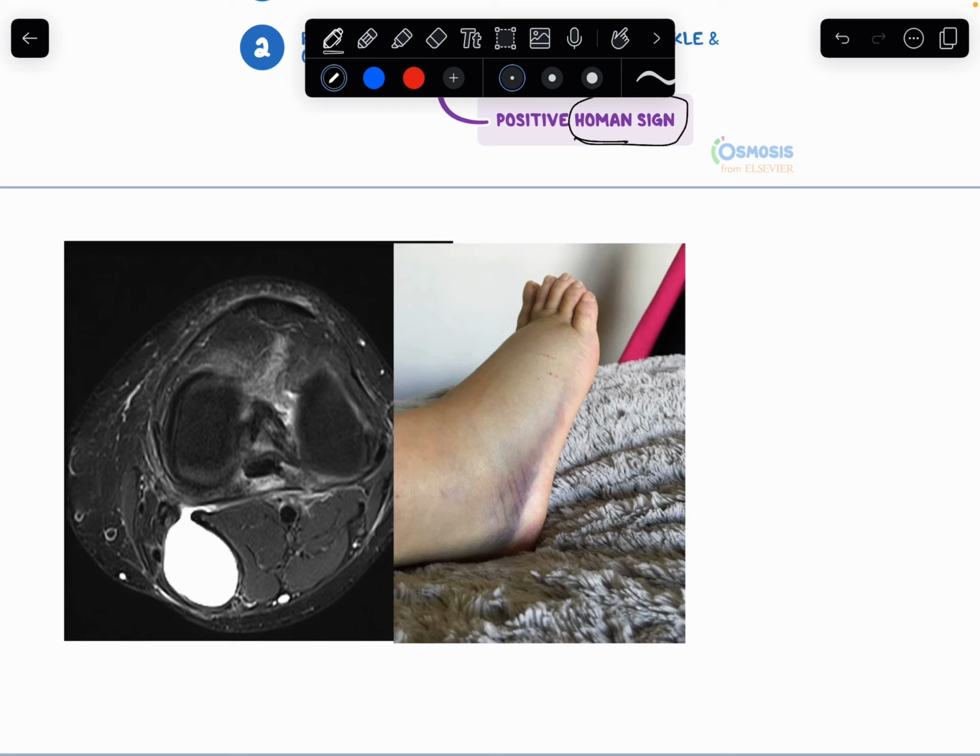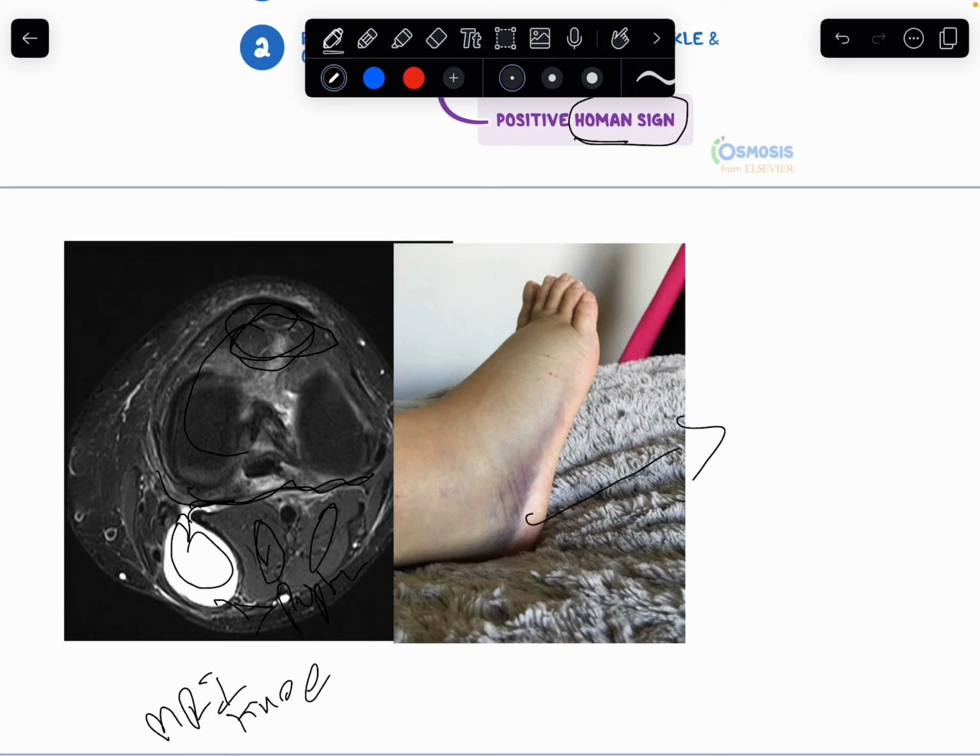We have two very wonderful photographs. The first one is an MRI of the knee. You can see the joint space here. I think this is the patella, and you can see there is a fluid collection behind the joint space, and there are muscles. This is a popliteal cyst, so it can be easily identified by MRI.